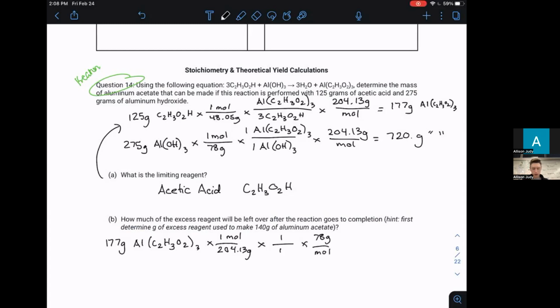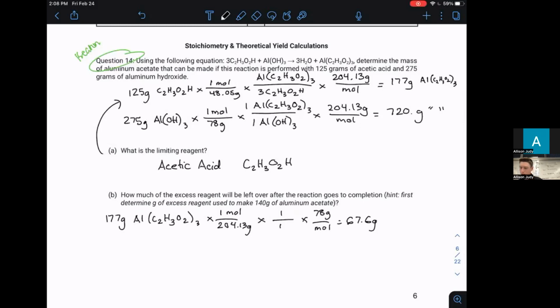So if we do this quickly, we get 67.6 grams of aluminum hydroxide are consumed, I believe. So 275 grams.